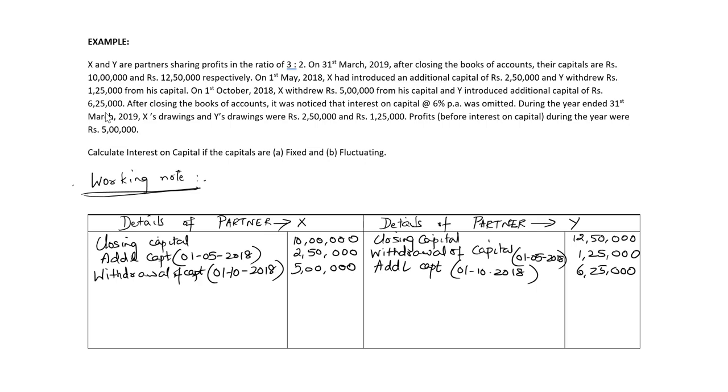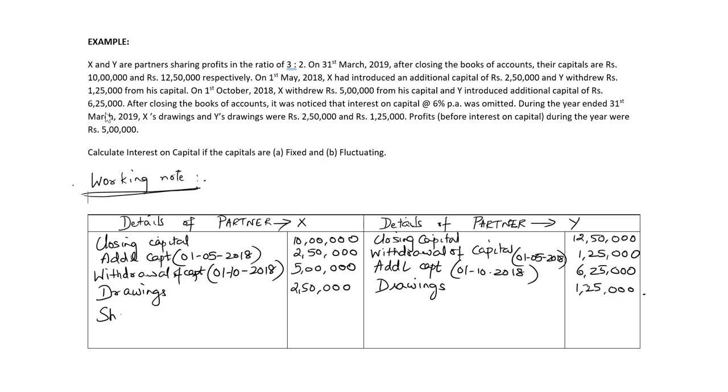During the year ended 31st March 2019, X's drawings is rupees 2,50,000. Drawings of Y, rupees 1,25,000. Profits before interest on capital during the year is rupees 5 lakh.